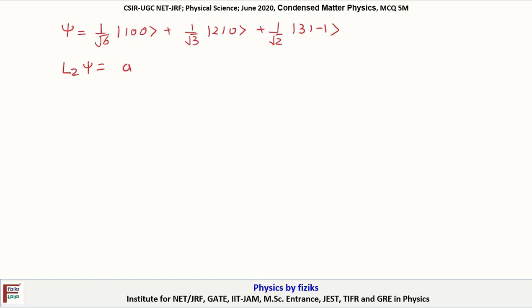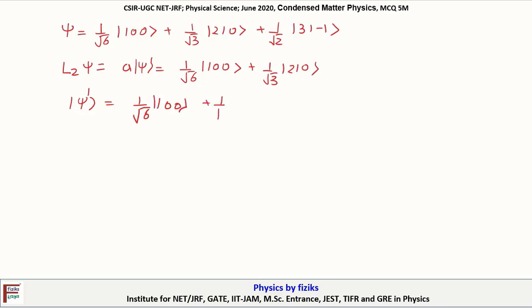That means I can write ψ', which has the form 1/√6 |100⟩ + 1/√3 |210⟩. Now this is the form. So my new wave function is the one on which the measurement of energy is carried out. Now we can normalize this wave function.